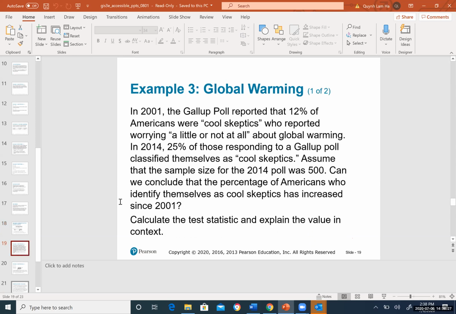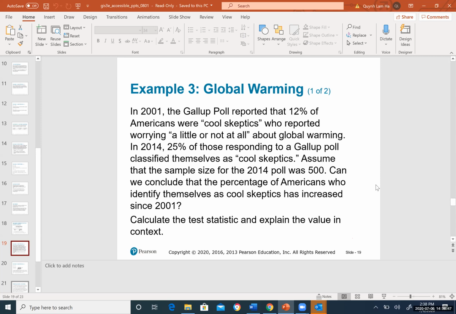And here is the example. For this example, they want you to do step 2 and step 3. Okay, let's read this together.